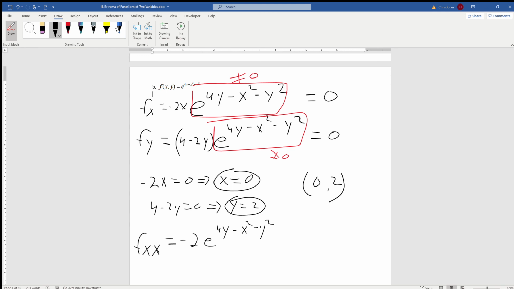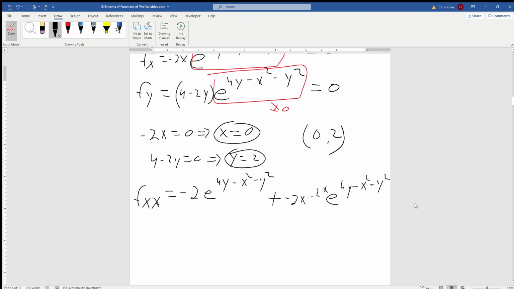And then plus, so we have negative 2x. We still have another e to the 4y minus x squared minus y squared. And then right here, we still have to multiply by a chain rule, another derivative with respect to x. That's going to be another negative 2x. So that's going to give us a 4x squared.